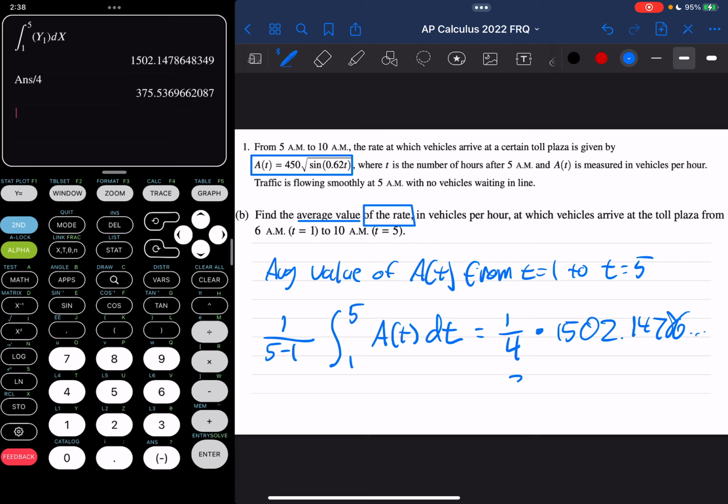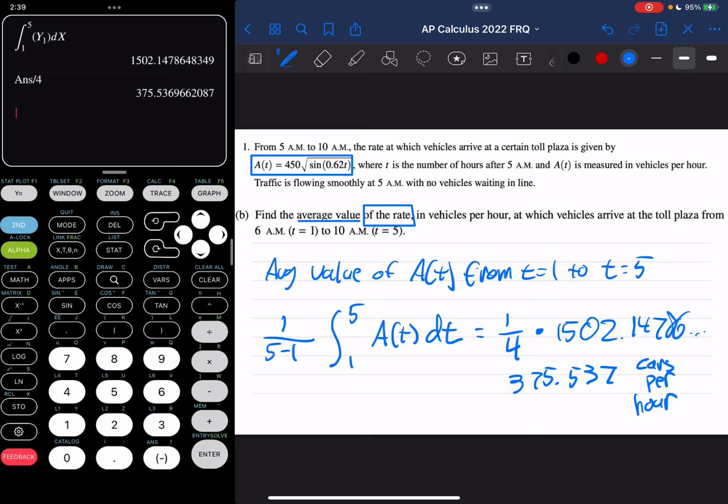So we get 375.53, and we always round to 3 places, so 375.537. Now it's an average value of a rate, so we have to remember that this has a unit. So cars per hour.